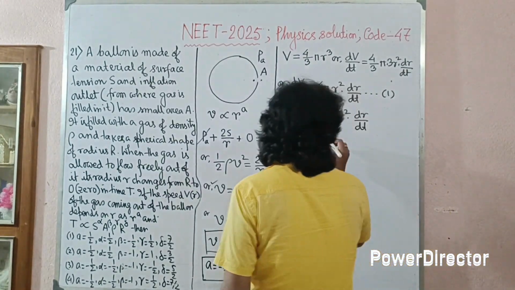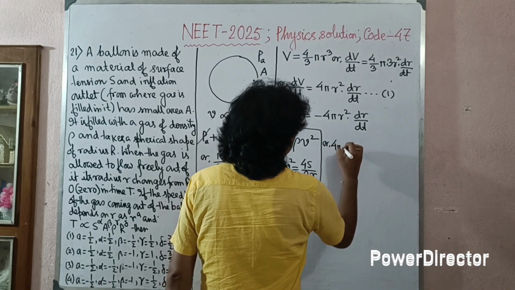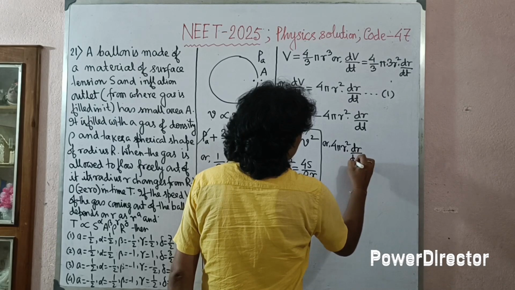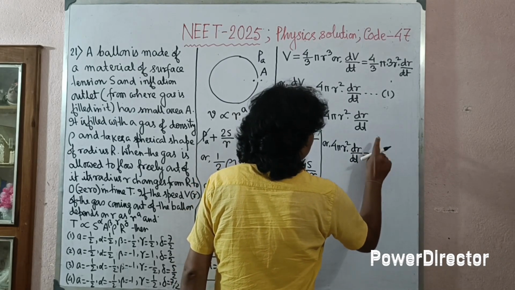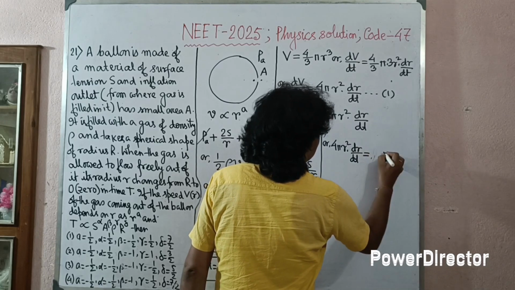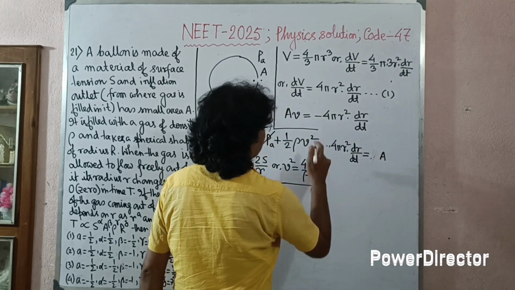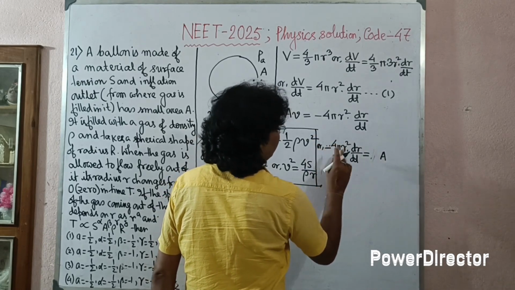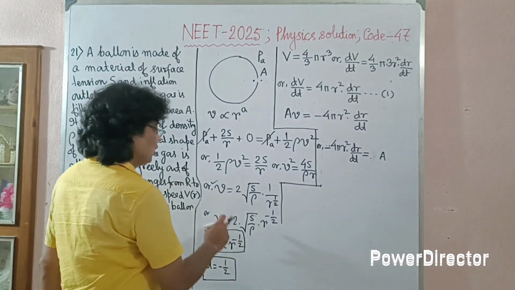Okay. Look, and 4 pi r square dr dt equal to minus A into small v.